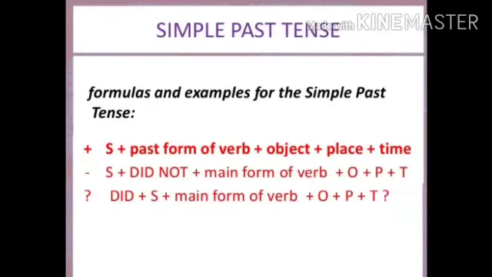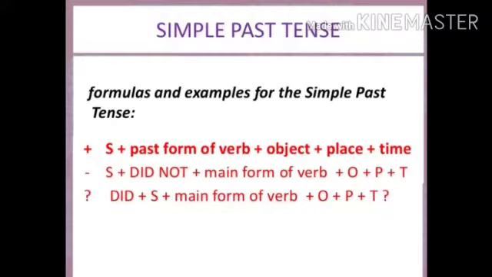The structure of simple past tense is subject plus past form of the verb, that means second form of the verb, and afterwards object. At the time of making negative, as I told you in the previous module, we have to use helping verb plus not, and at the time of making interrogative we use helping verb before the subject.